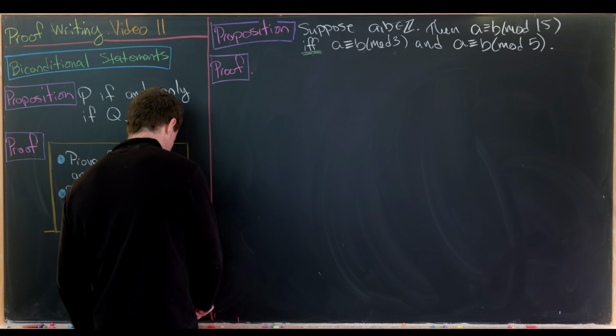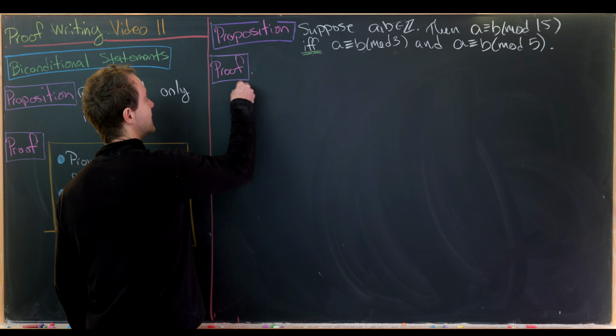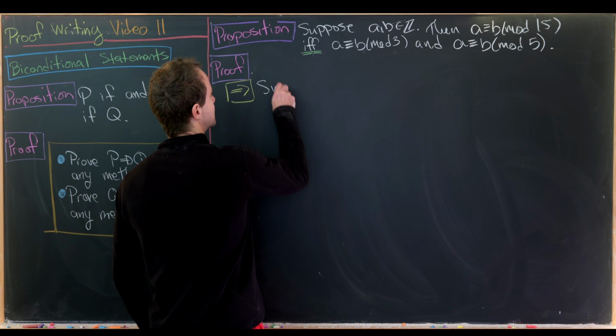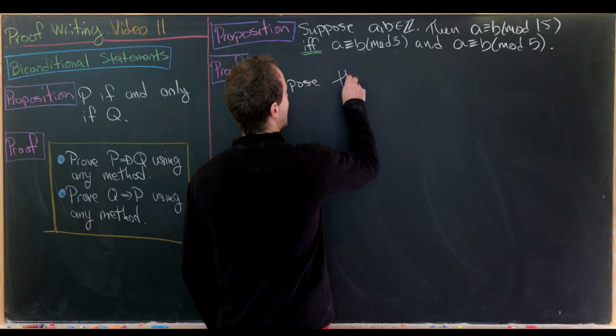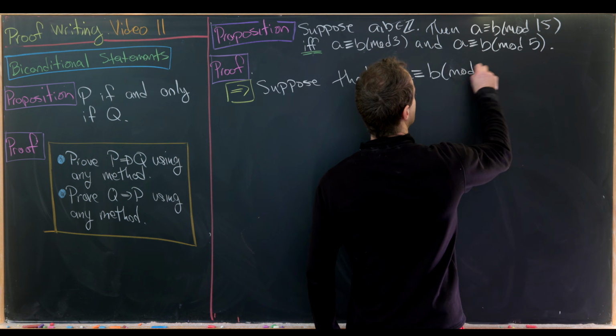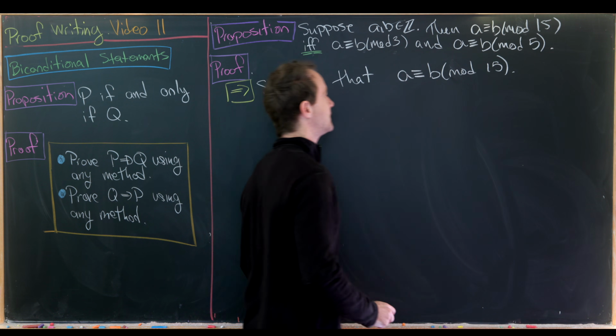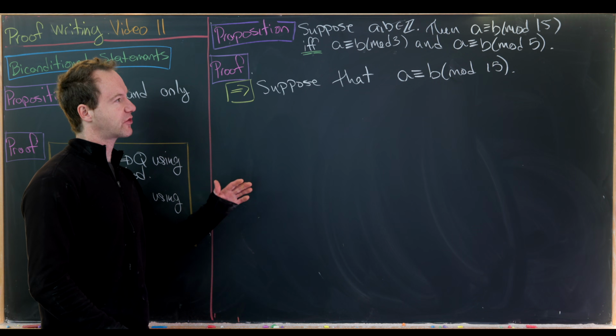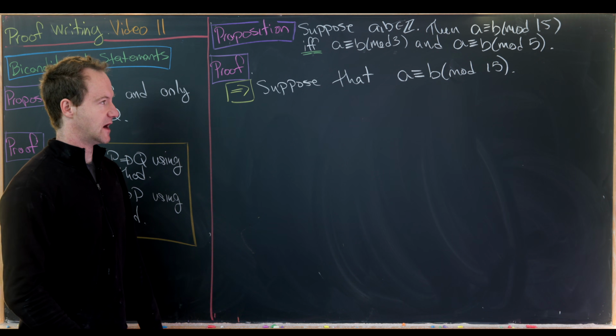Okay, so let's go and start maybe with the forward direction. So let's suppose that a is congruent to b mod 15. And what we'll hopefully be able to prove is that a is congruent to b mod 3 and mod 5.